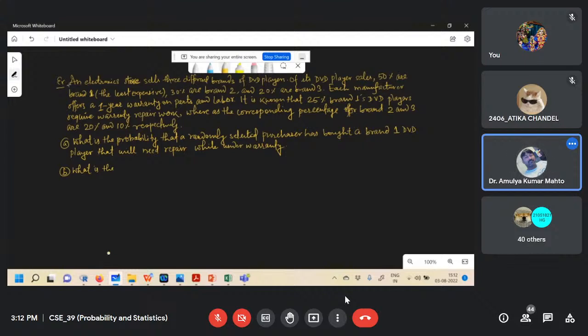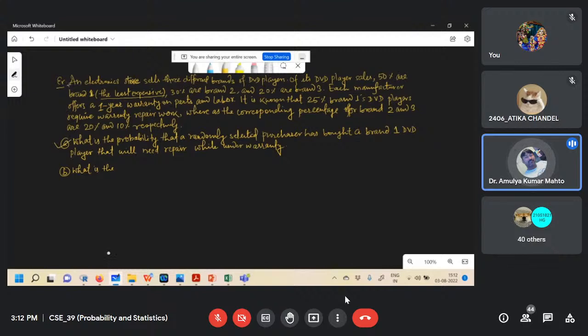Brand 1 is the least expensive, so more people are buying it, 50% of people. But the problem is that 25% of such brand 1 DVDs need warranty repair, whereas the corresponding percentages for brand 2 and 3 are 20% and 30%.